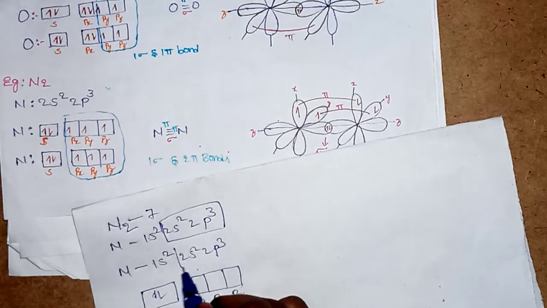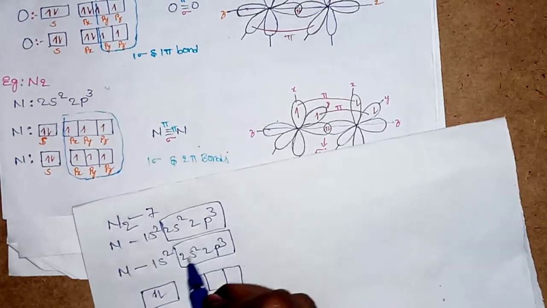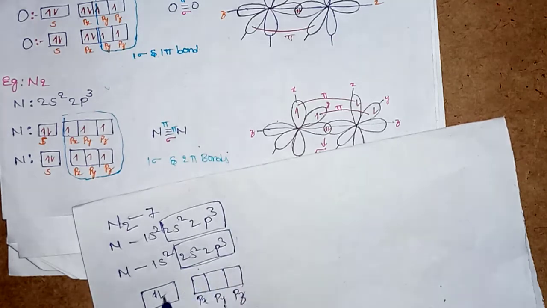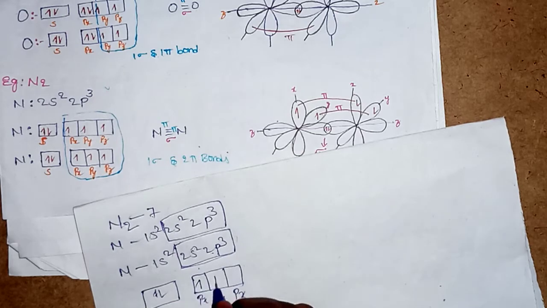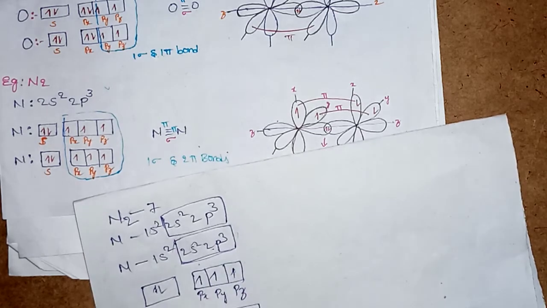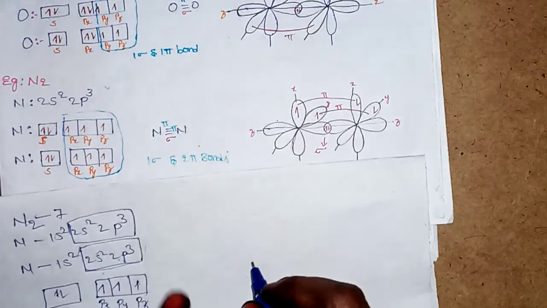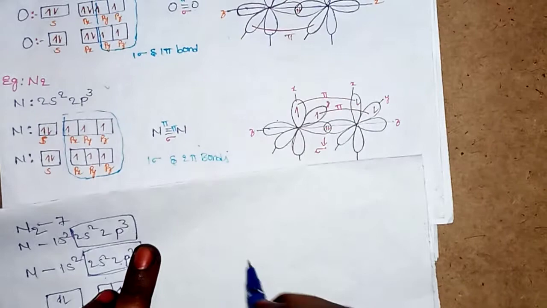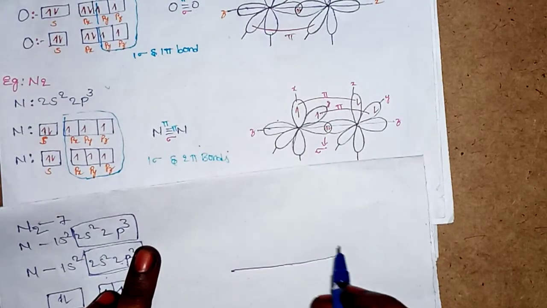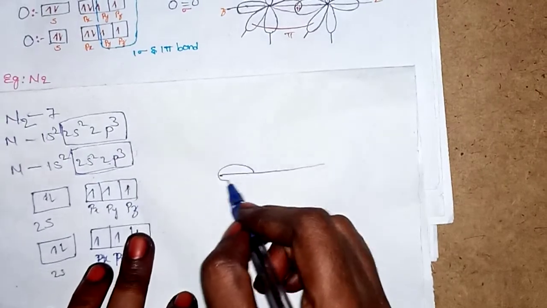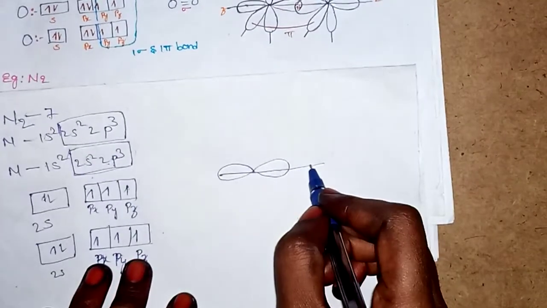Okay, consider these two. How many electrons are there here in p? Only 3 electrons: 1, 2, 3, and here also 1, 2, 3. The arrangement is different, but all are the same p orbitals.